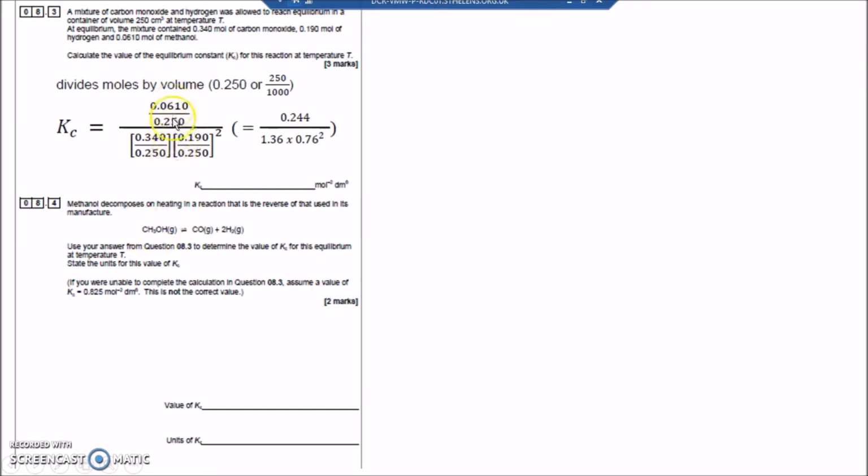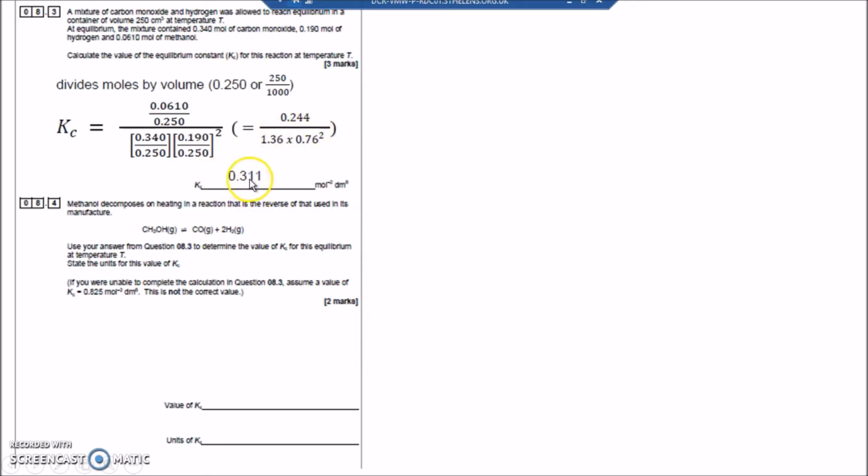So it's the reverse. What you can actually do is just do 1 divided by this if you want to. You can put them all in again if you wanted to. You could have 1.36 times 0.76 squared on the top divided by 0.244 on the bottom. You can work it out again. Or if your maths is strong, you can realise that actually it's just the other way up.